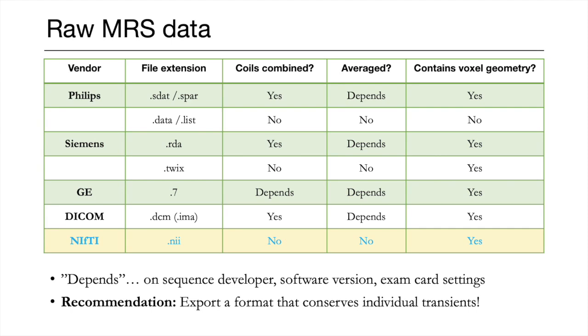It is generally recommended to choose a format and settings that allow individual transients to be saved. You should not export pre-averaged data, as it will be impossible to perform critical pre-processing steps that will improve data quality. Note that the Committee for Code and Data Sharing is currently developing a specification to use the NIfTI format for processing and exchanging data in a vendor-agnostic, unified way, which may greatly reduce friction in the future.